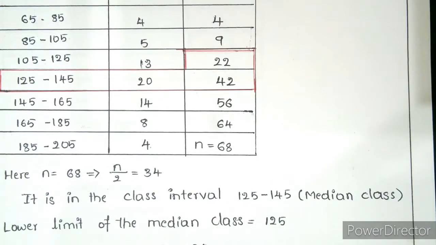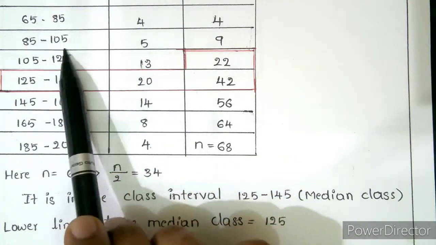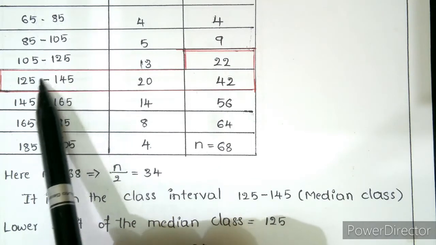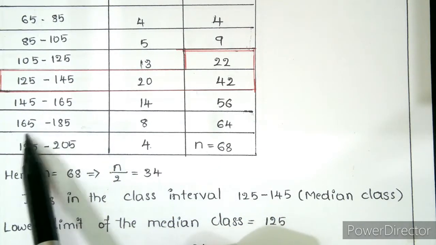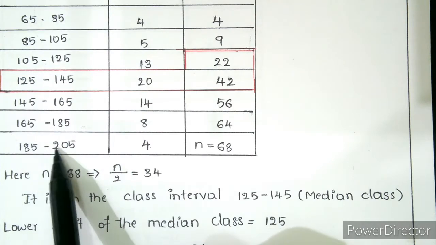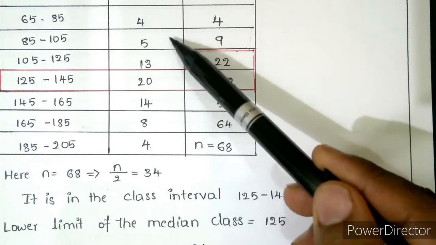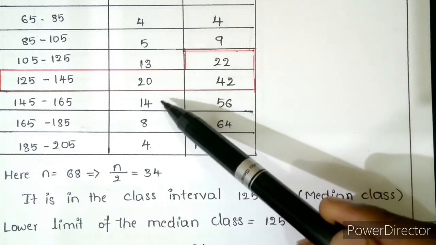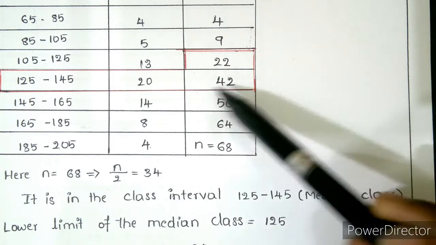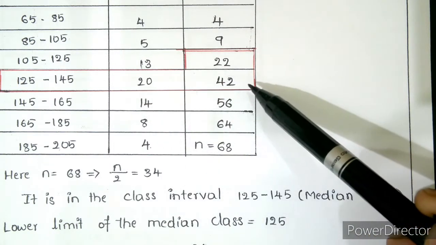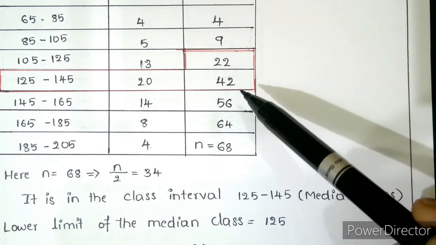First you write the tabular column, the class intervals 65 to 85, 85 to 105, 105 to 125, 125 to 145, 145 to 165, 165 to 185, 185 to 205. This is the frequency column: 4, 5, 13, 20, 14, 8, 4. In most cases the median class itself is the modal class, but sometimes you find n by 2 and then it is clear.